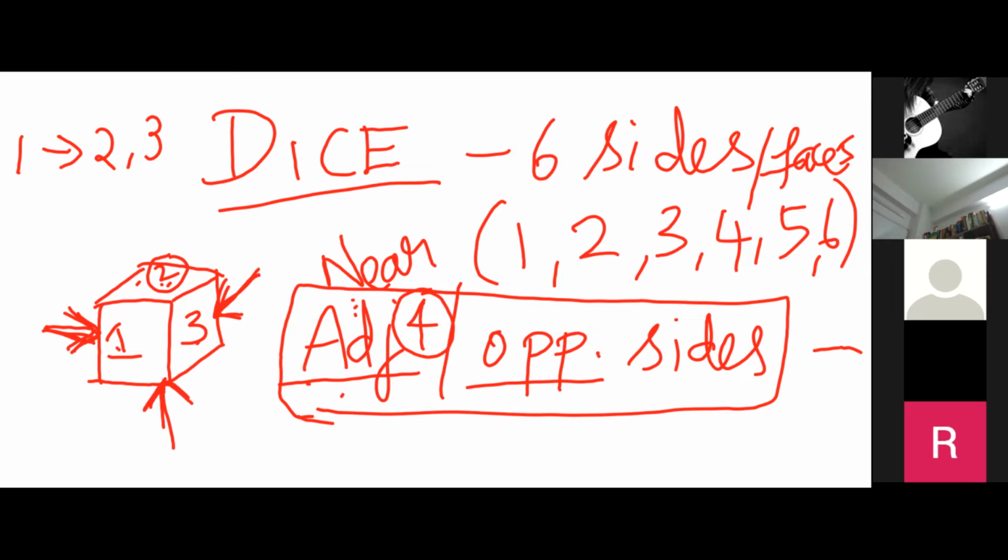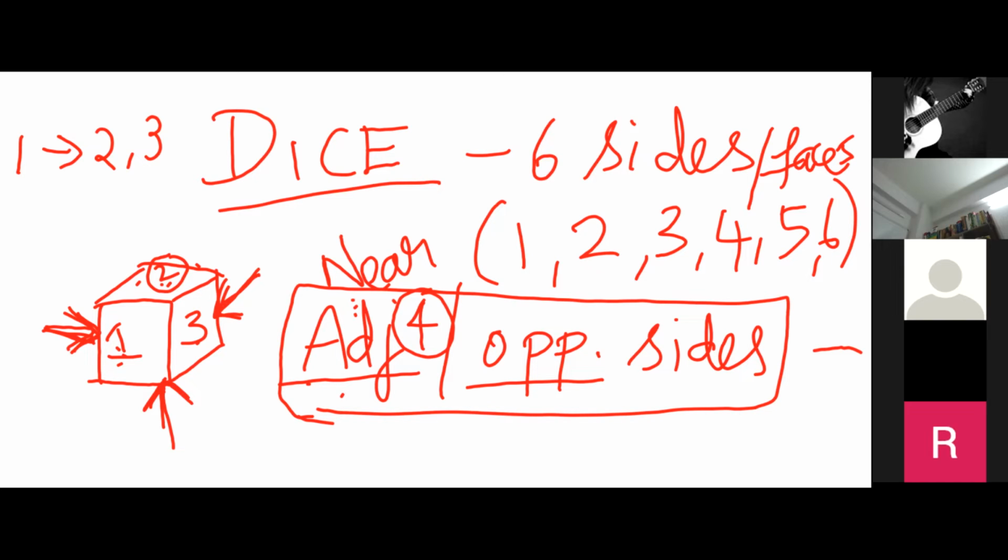So whichever side you consider in a dice, be it the front face, the top face, the bottom face or a side face, it will always have 4 adjacent sides.